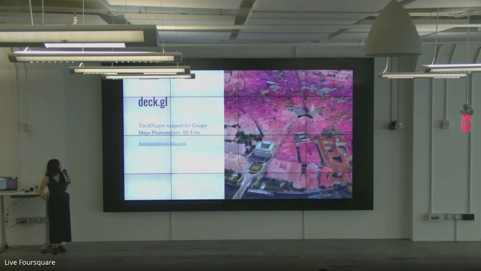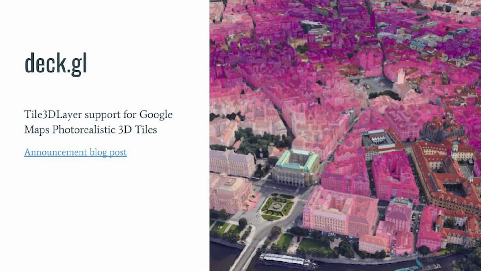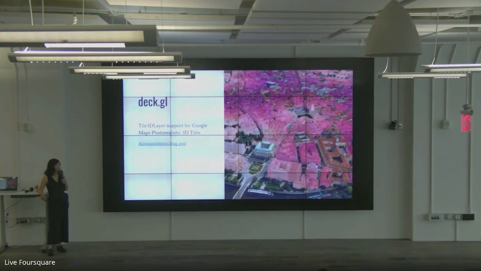deck.gl and Kepler. In deck.gl's latest production release 8.9, one of the highlights is that Tile 3D layer now supports Google Maps photorealistic 3D tiles. It's really a wonderful data set. It's hyper detailed, with great coverage and all the great data that Google has.